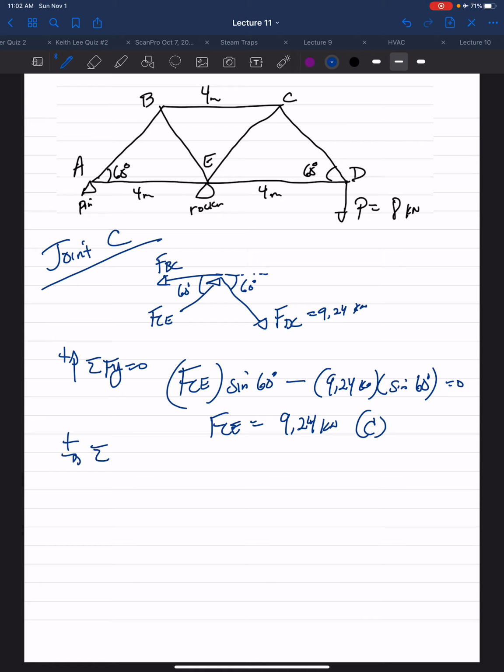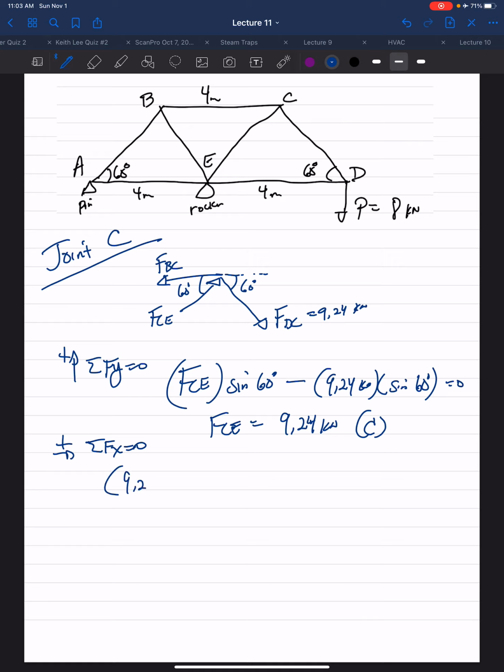Take the sum of my forces in the x direction. We now know FCE.